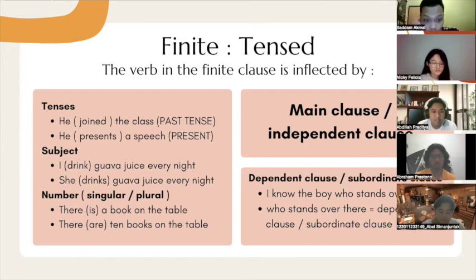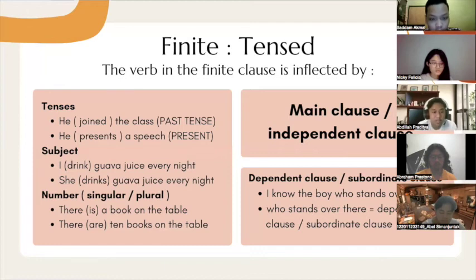Finally, if the finite clause is modified by number, in this situation, singular or plural, the verb will change. If there is more than one object, use are. But if there is only one, use is. For example, if I say, there is a book on the table, the plural form becomes, there are 10 books on the table.